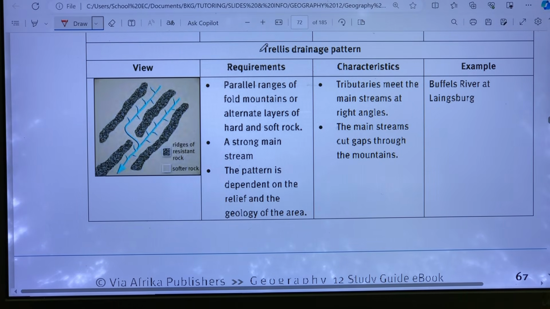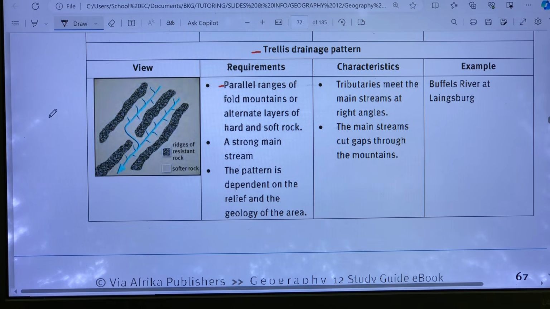So let's move to the trellis drainage pattern. Look, guys, the requirements for a trellis drainage pattern to form are parallel ranges of fault mountains or alternating layers of hard rock and soft rock. Let me make an example of this.